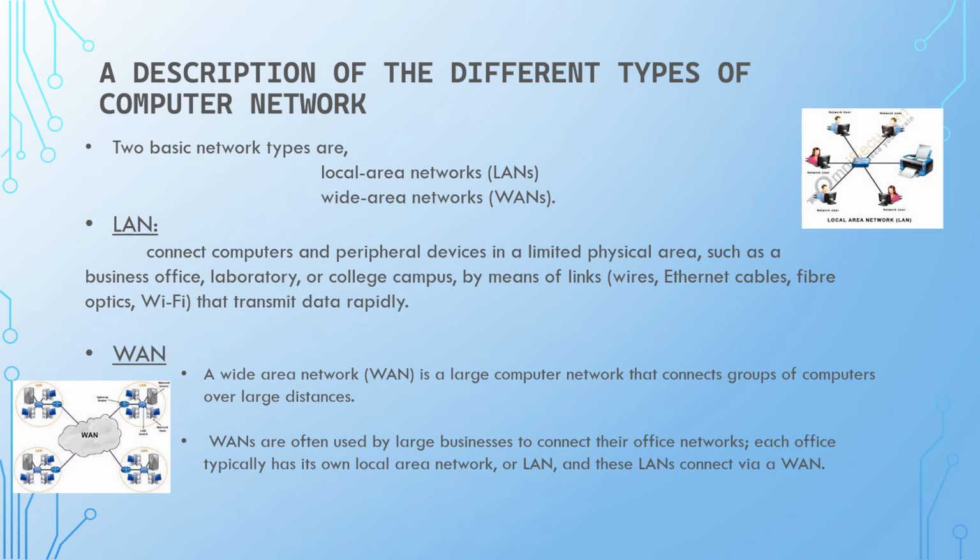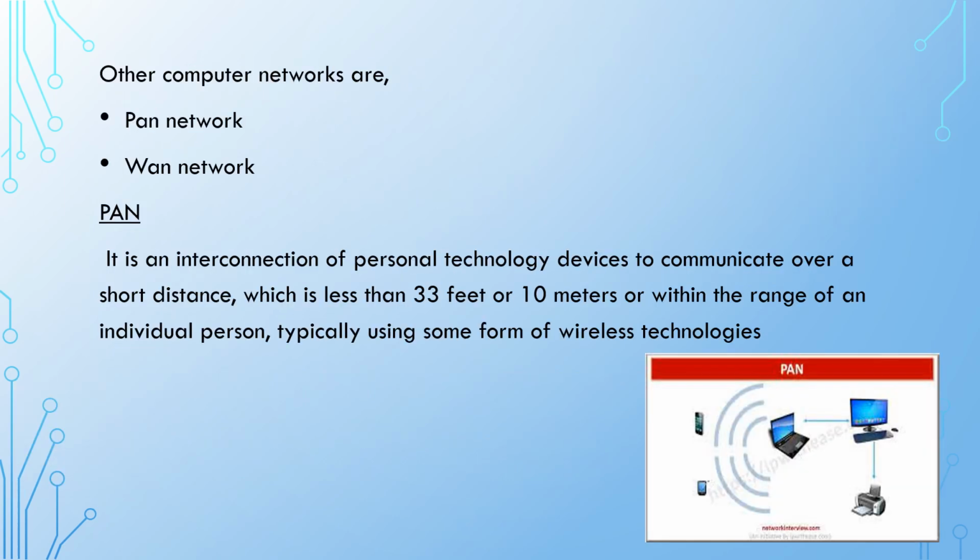Wide area networks are often used by large businesses to connect their office networks. Each office typically has its own local area network, and these local area networks connect via wide area networks. Other computer networks are PAN and MAN networks. First, PAN network.